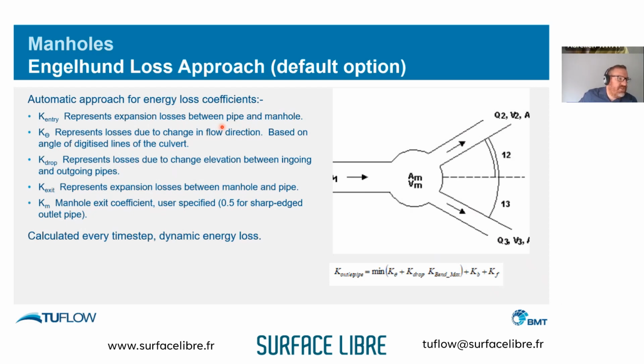It represents the losses due to the change in elevation between the ingoing and outgoing pipes. We can represent the expansion losses for the outgoing pipe, and then we can add in a manhole exit coefficient, which is user defined. So that's to account for any additional losses that we do need to represent.